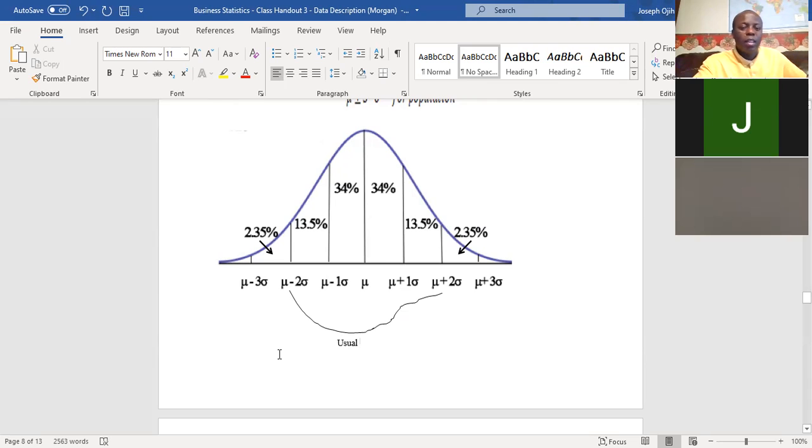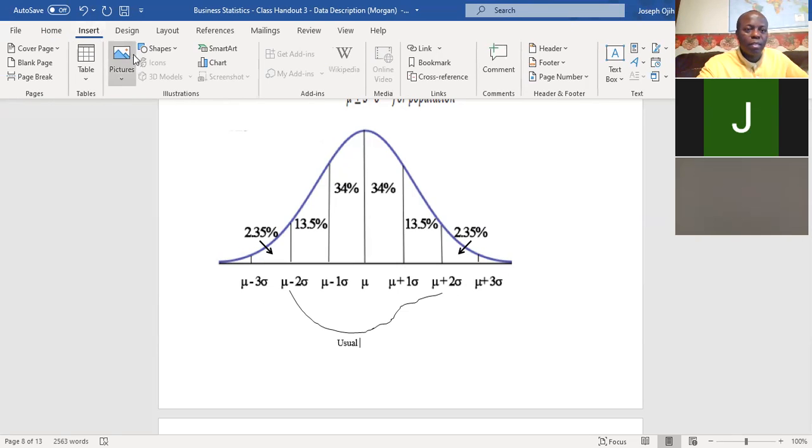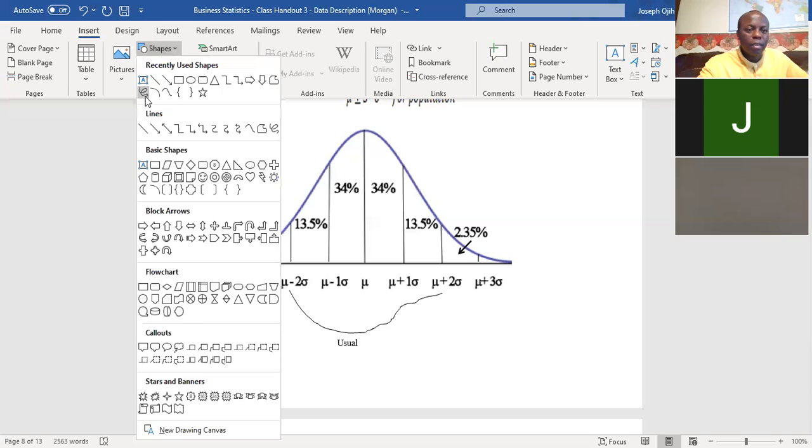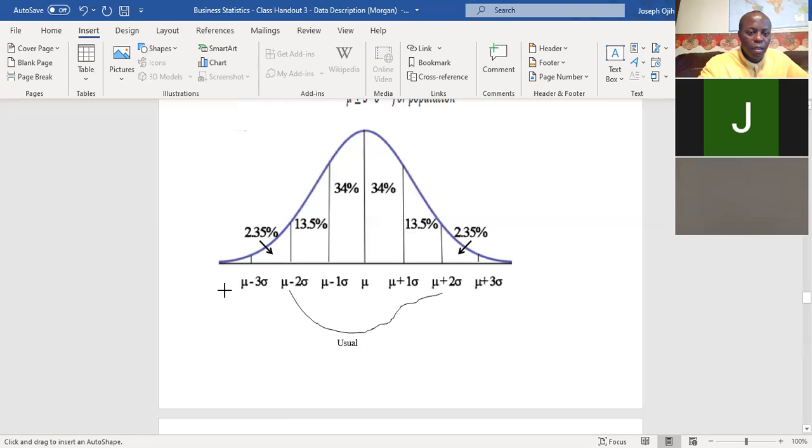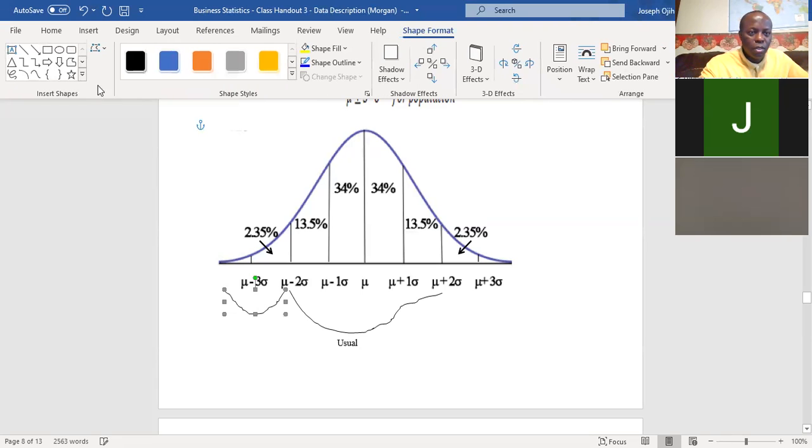Okay, got it. Now, anything beyond that on the right side, from here to this side, is unusual. So let me put it so you can see what I mean. From here all the way to this place is considered unusual.